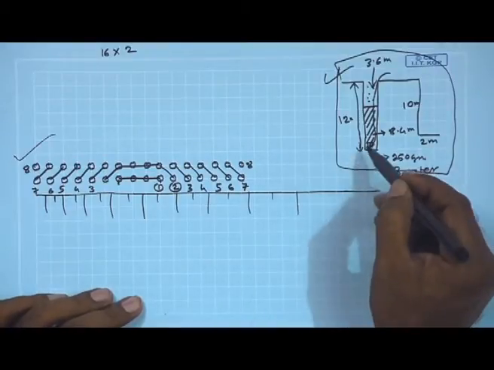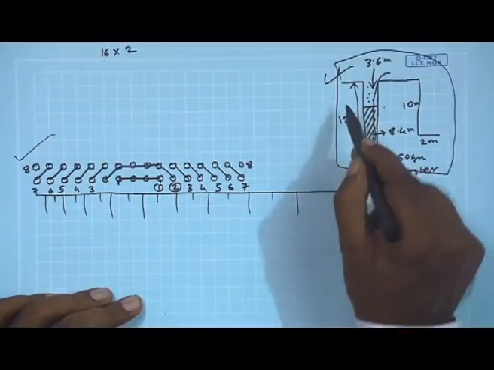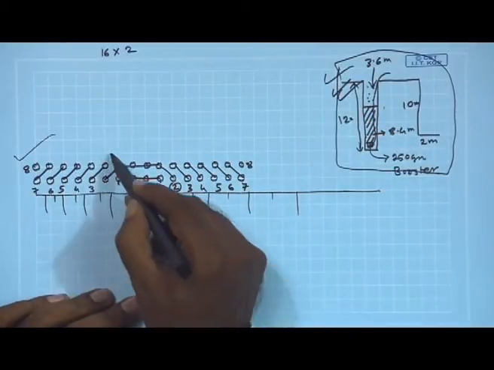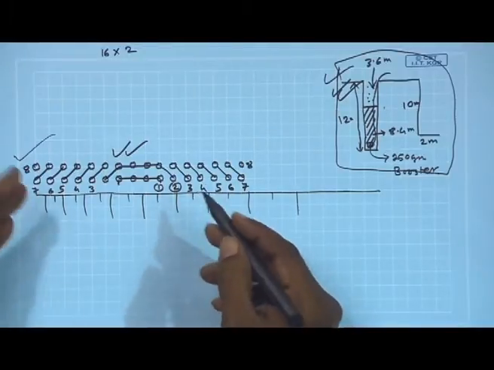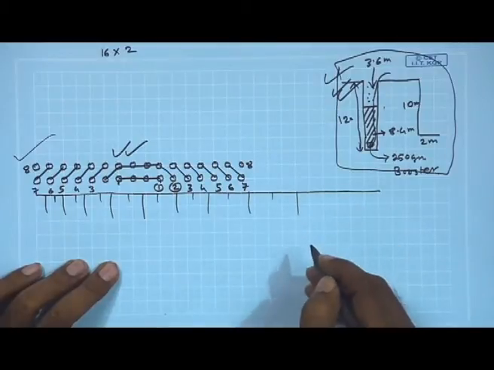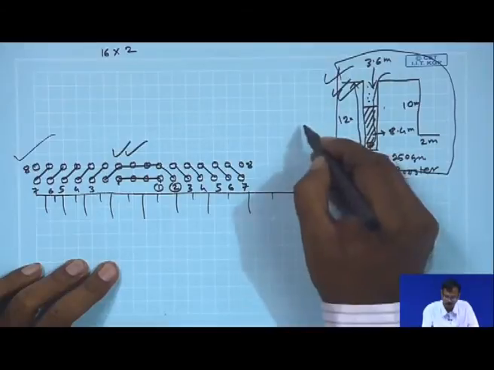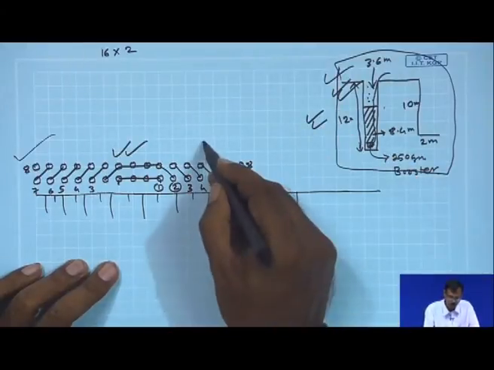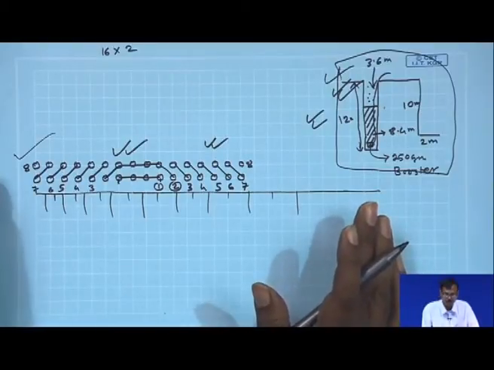There may be deck charging or there may be different types of situation, but that has to be represented in the section of the hole and the surface connection must be represented in this plan view. So, the presentation of blast pattern or blast design means one has to give these two figures along with the calculations which are already shown to you.